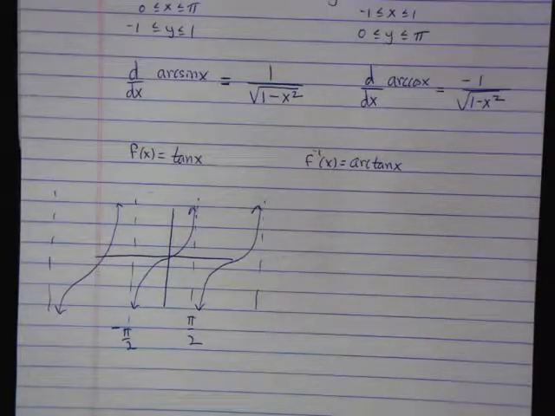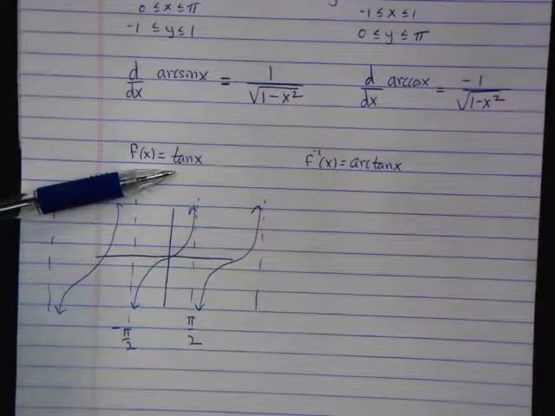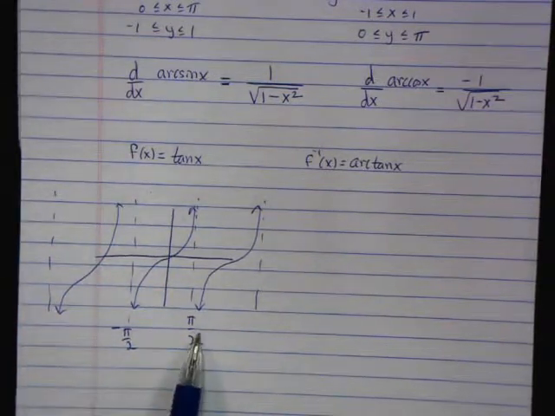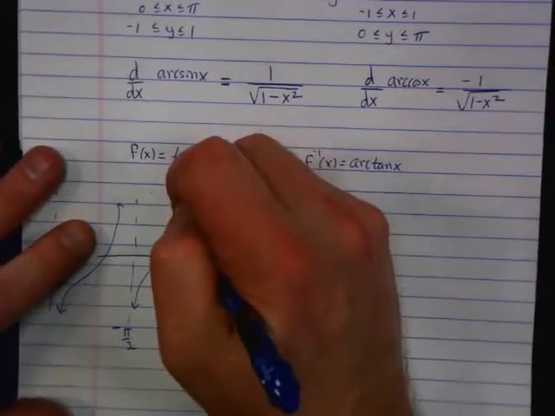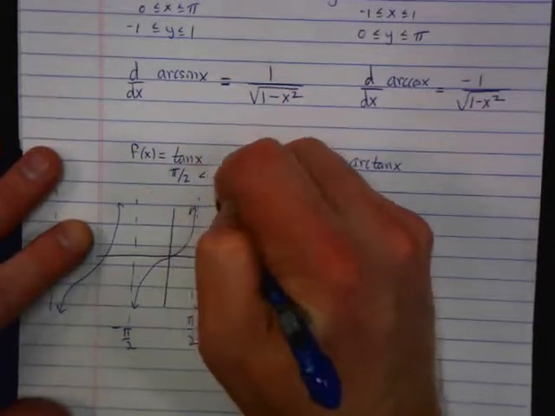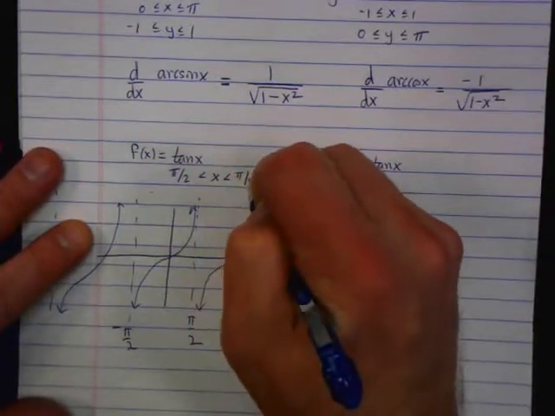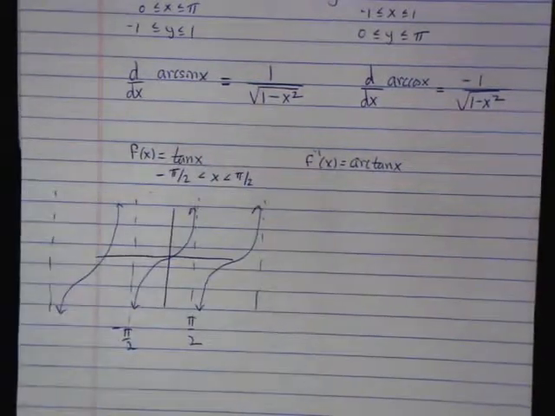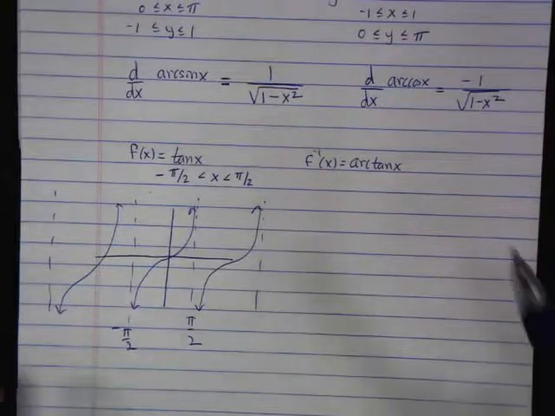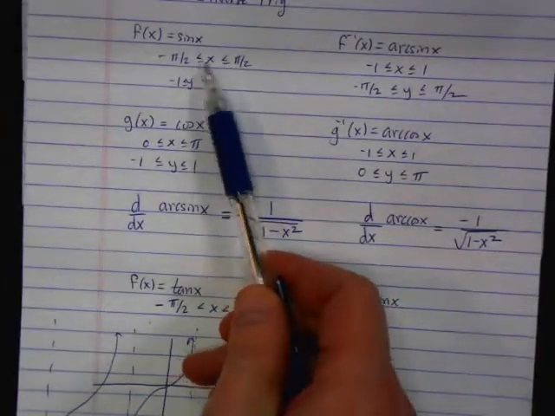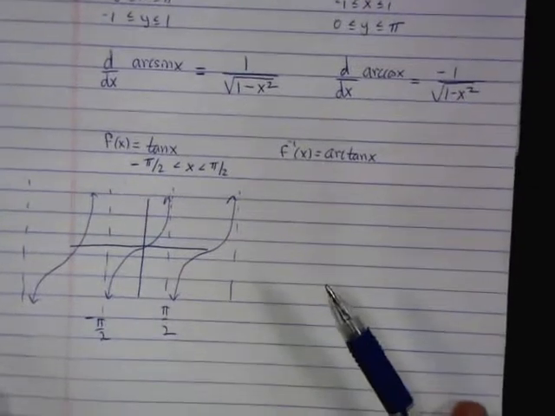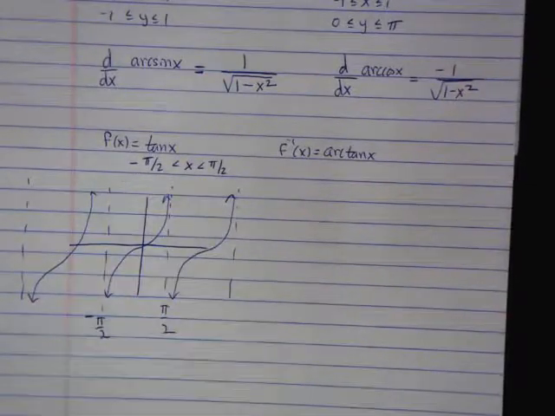Because if we remember that tangent is sine over cosine, we're going to have cosine on the bottom. Cosine is 0 at pi over 2. Cosine is 0 at negative pi over 2. So that's where the asymptotes happen. So if we're dealing with tangent, our domain is almost exactly the same as sine. The only difference is for sine we could have the equal to's in our inequality. For tangent we cannot, because we would have 0 on the bottom.